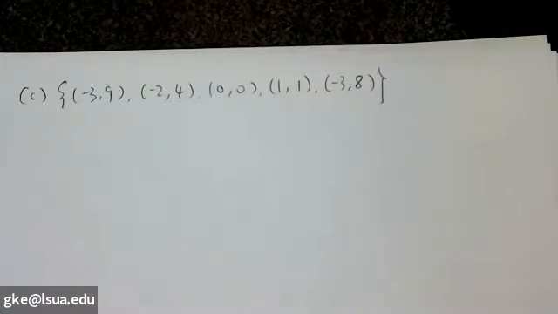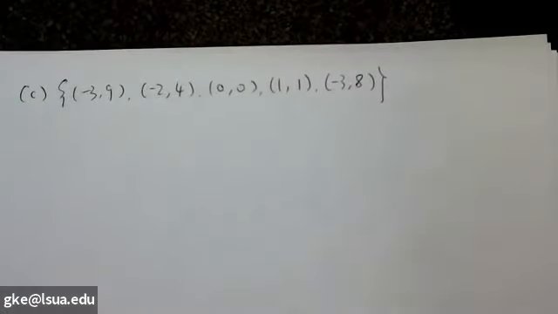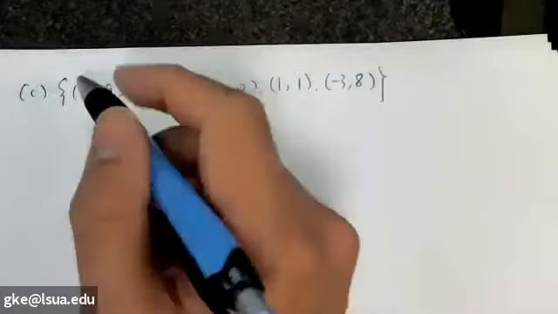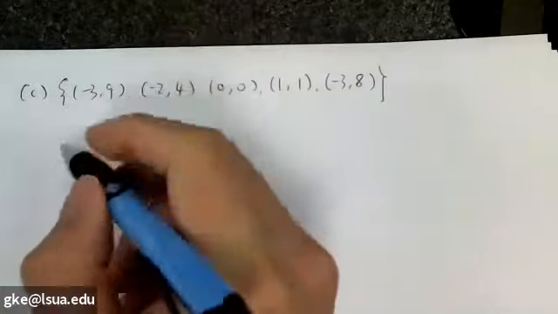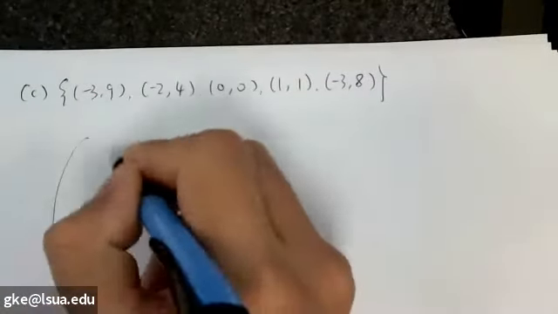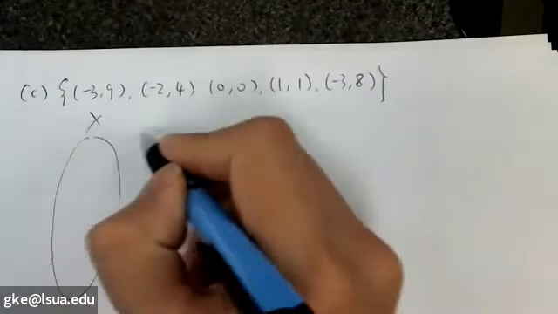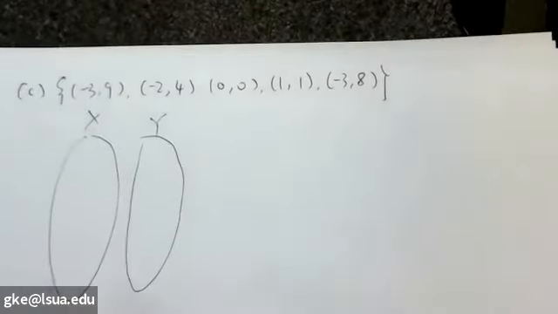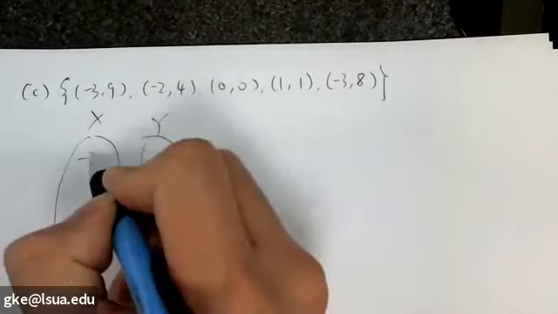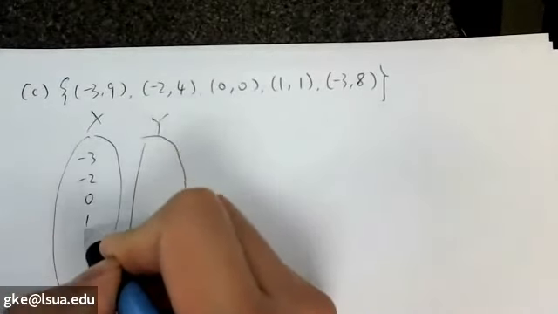Okay, now let's take a look at this one. For the domain, we can draw the picture first. X, Y. So -3, -2, 0, 1.